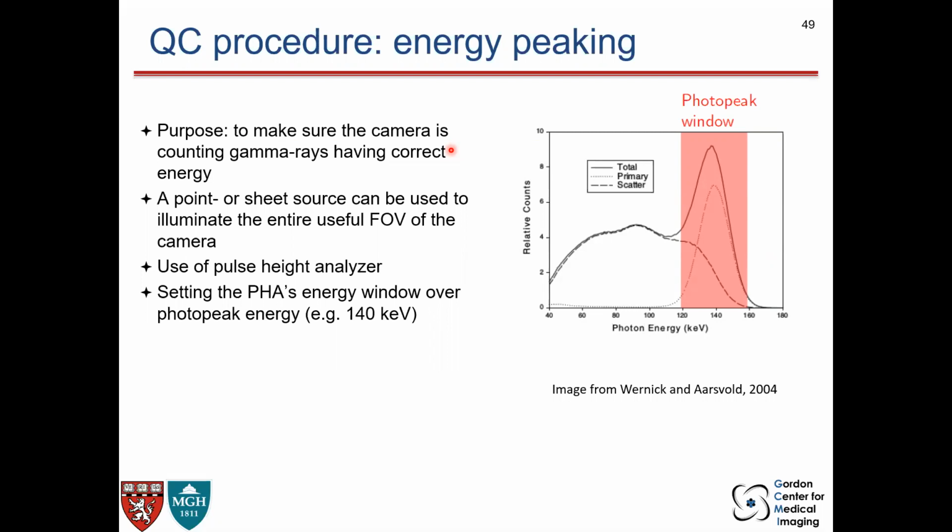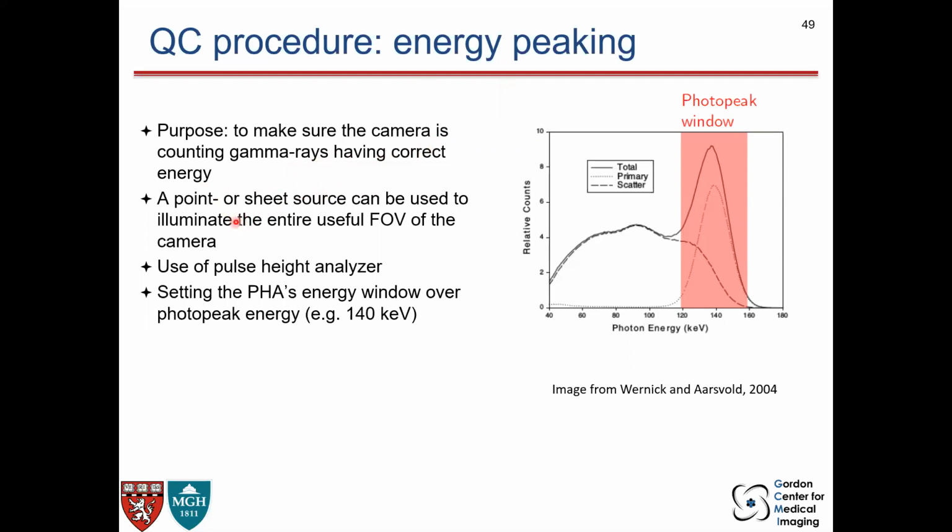And if your photo peak location is shifted lower or higher, typically lower, then those useful gamma rays are not going to be counted. So the energy peaking is a mandatory test that has to be done daily to count the correct gamma rays with the correct energy.